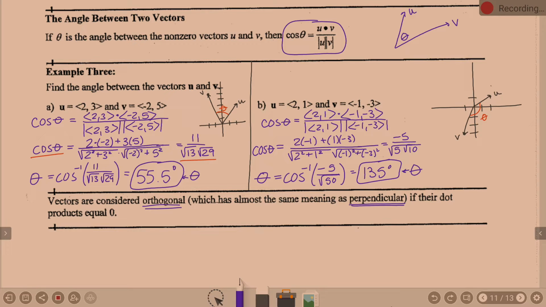If the dot product equals 0, then that's kind of a proof that two vectors are orthogonal. Or in other words, perpendicular, which basically means they form a 90-degree angle.